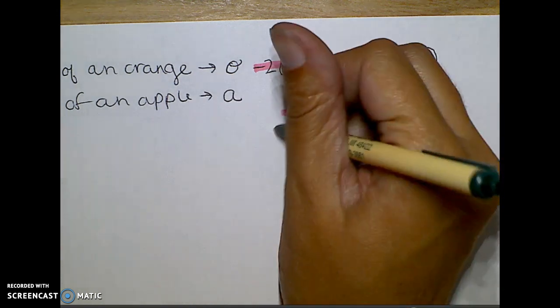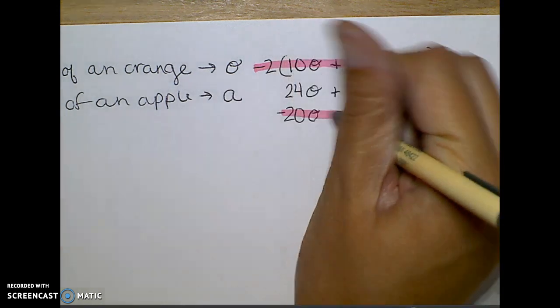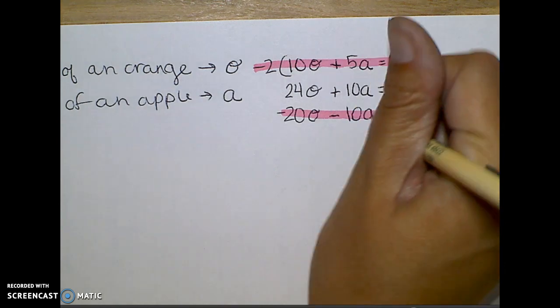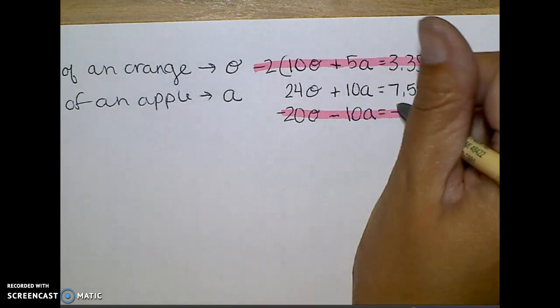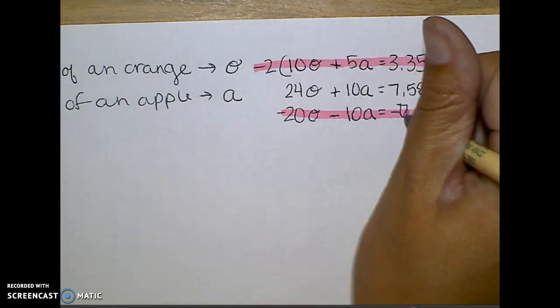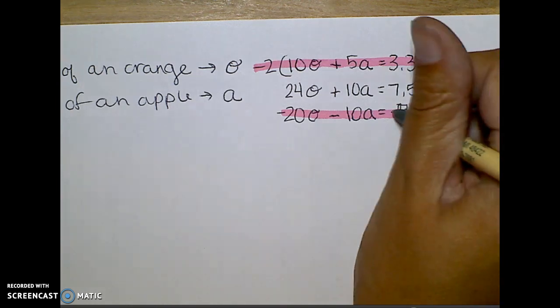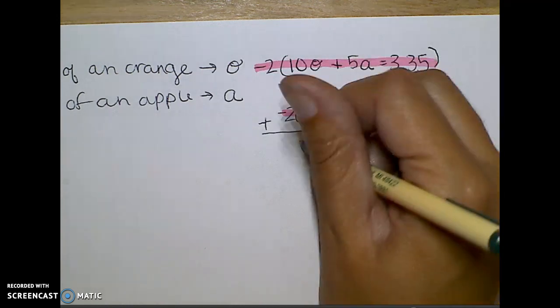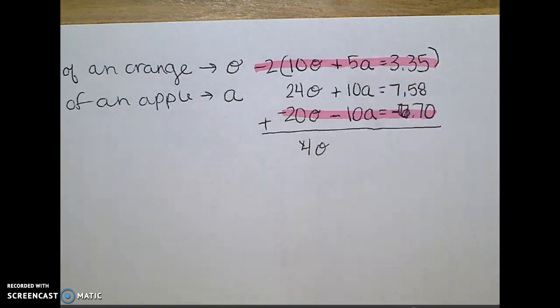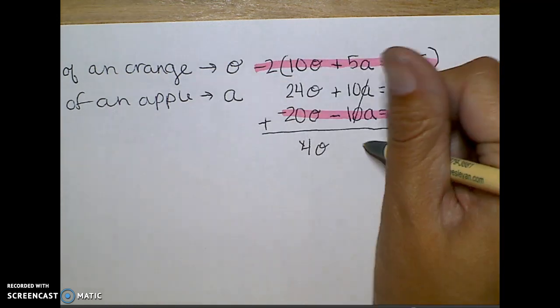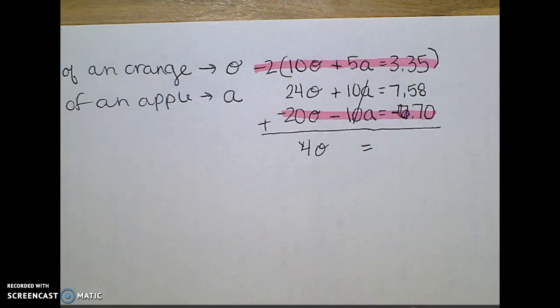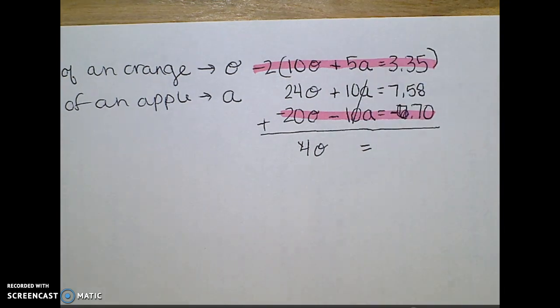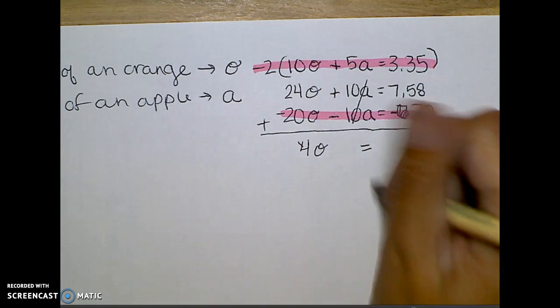So we'll have -20O minus 10A equals -670. Got ahead of myself. Add them up. So we'll have 4O plus 0 A's equals, now 758 minus 670 is 88 cents.